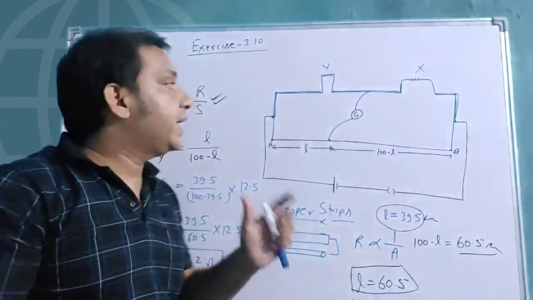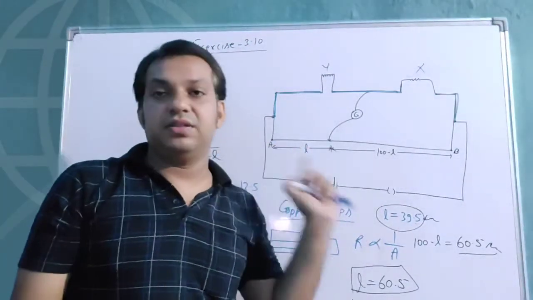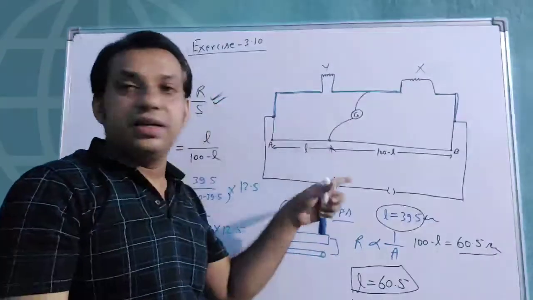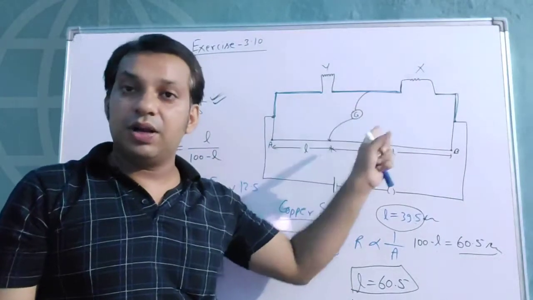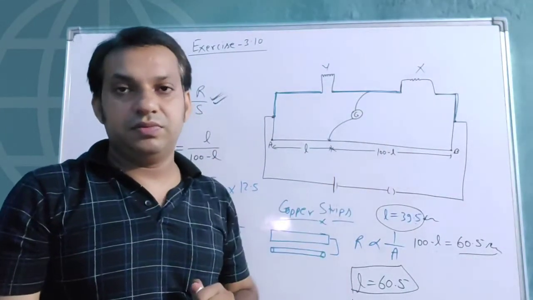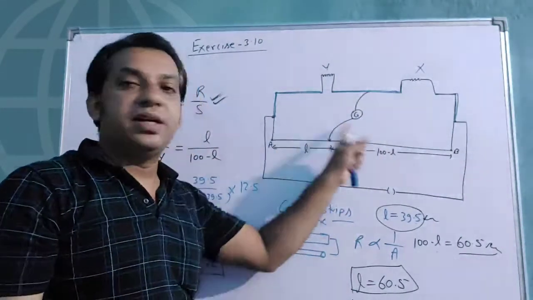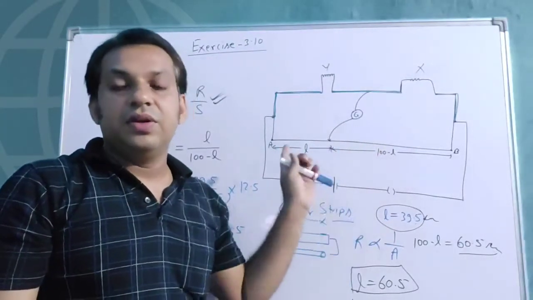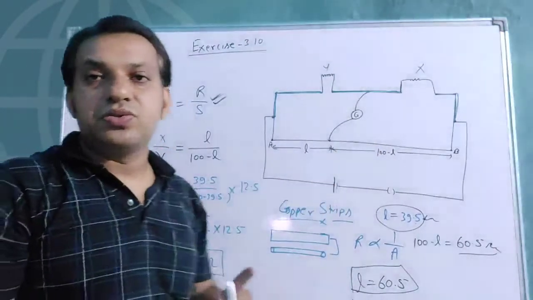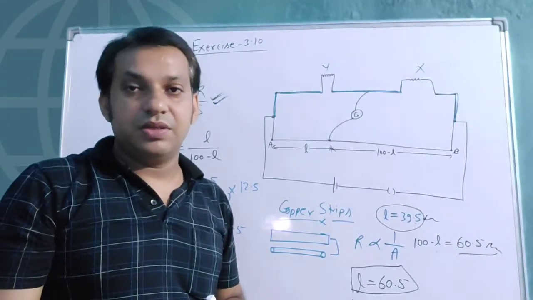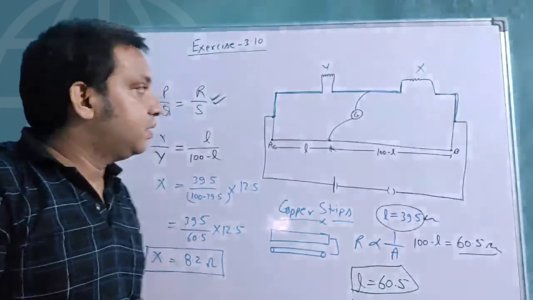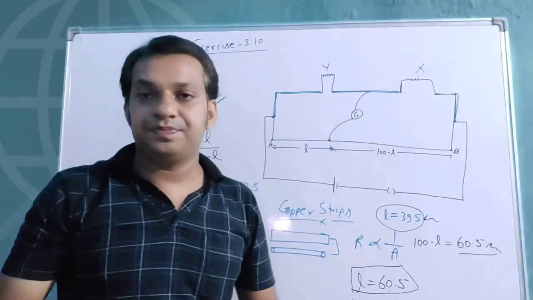That is why again the galvanometer shows the null deflection, right? Because again the potential difference across these two points becomes equal, and that is why no current will flow. So because of symmetry, if you interchange the galvanometer and the cell, the galvanometer again shows the null deflection. So this is your question number 3.10. I hope you understand. So let us discuss another one.